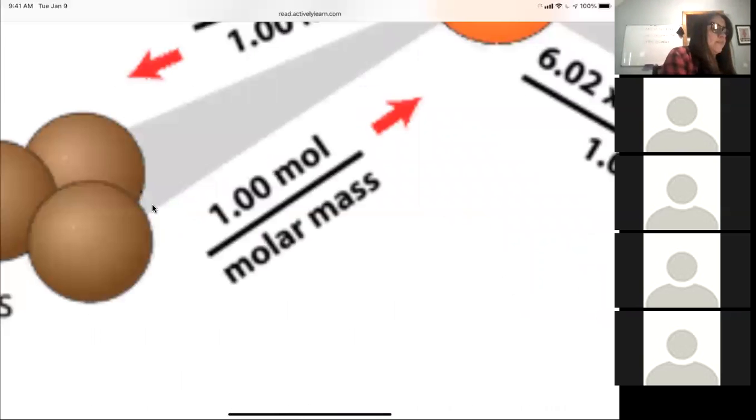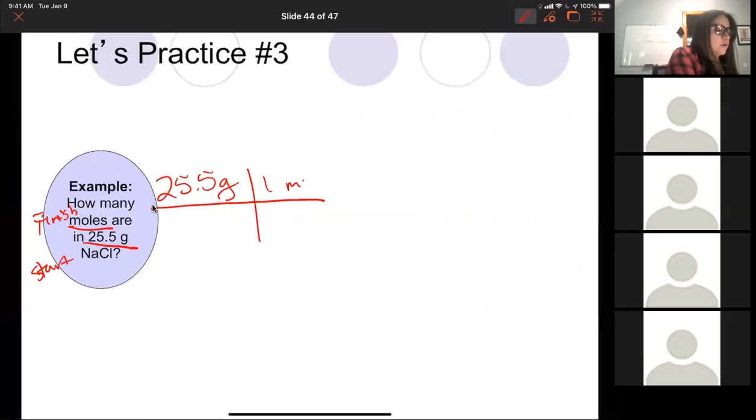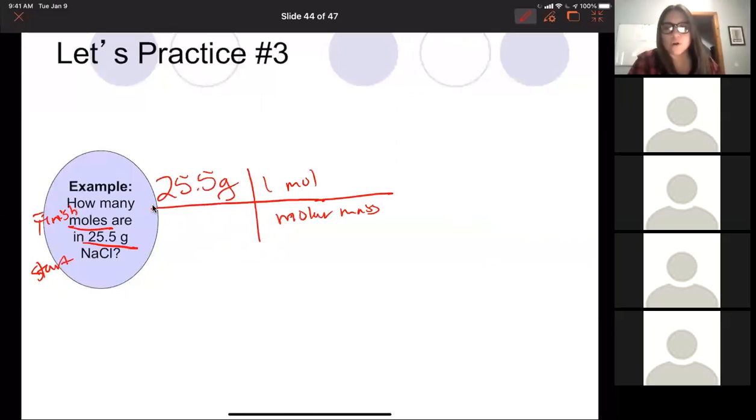1 mole over molar mass. One mole over molar mass.